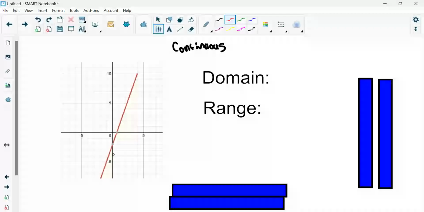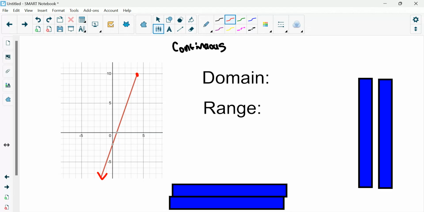Well, if my graph has an infinite number of points, I can't possibly list all of them. So instead, we're going to list the smallest and biggest x values and just say that we can be everything in between. Same thing for the y values. We'll list the smallest and biggest y values, and we'll say we can be everything in between. That'll give us two boundaries that we are in between rather than listing them all individually with numbers.